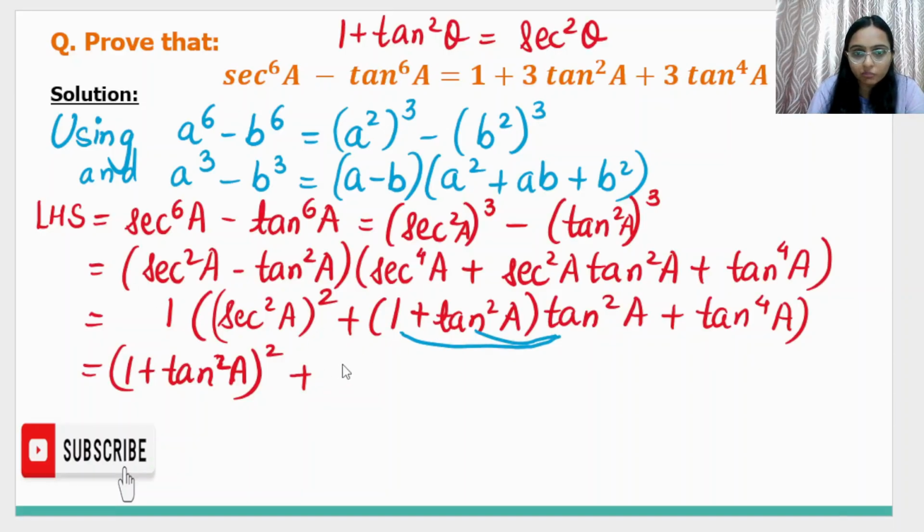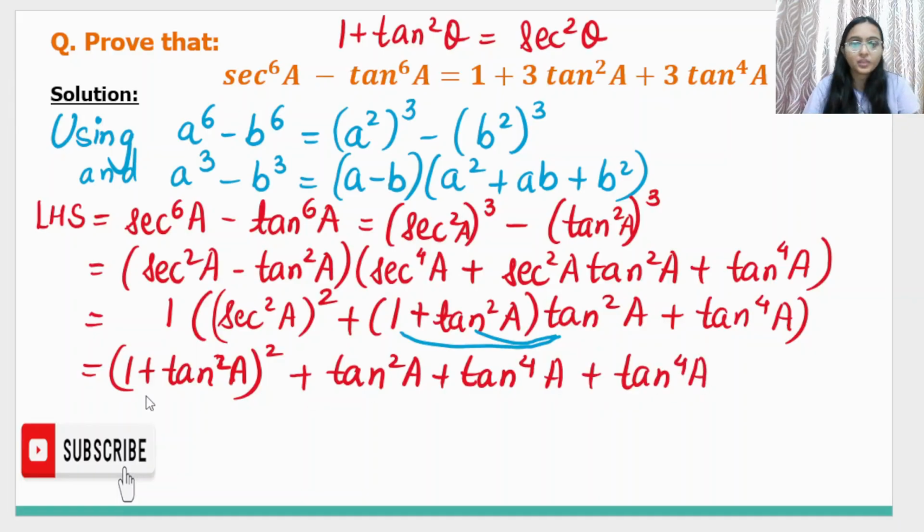So this will change to 1 multiplied by tan square a is tan square a, plus tan square a multiplied with tan square a will give you tan raised to 4a, plus tan raised to 4a. Now here we have 1 plus tan square a the whole square, so we can apply the a plus b the whole square formula, which is a square plus b square. b square is tan square a, so it will be tan 4a, plus 2ab.